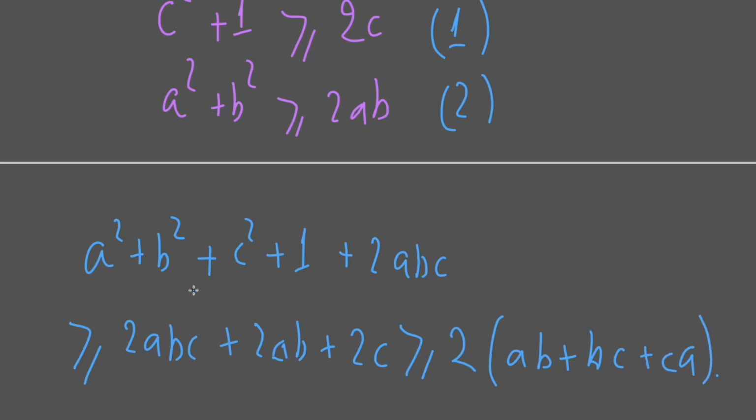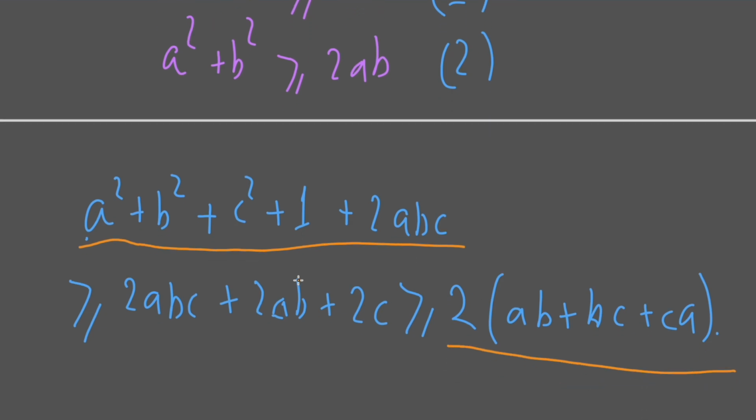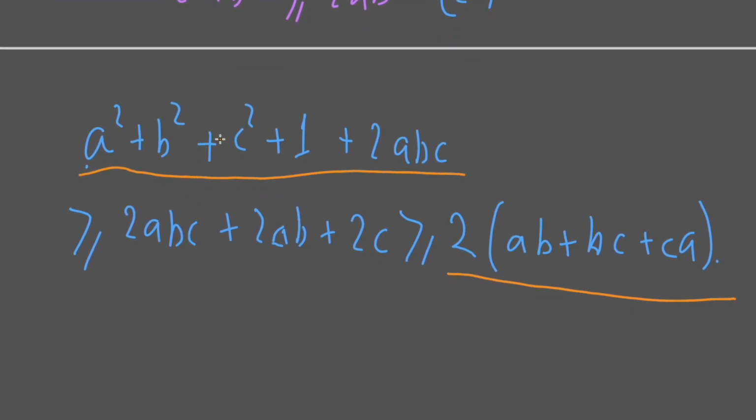So from this chain of inequality, you see this is the left hand side of the equation, and this is the right hand side of the equation. Then the left hand side is always greater or equal than the right hand side, and equality happens when a equal to b equal to c equal to 1.